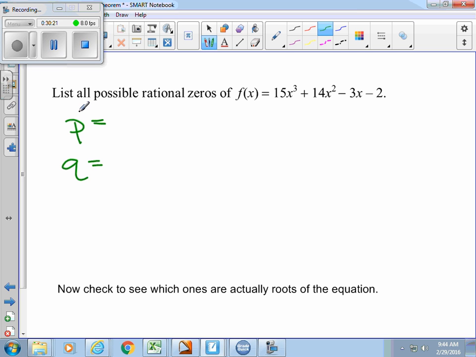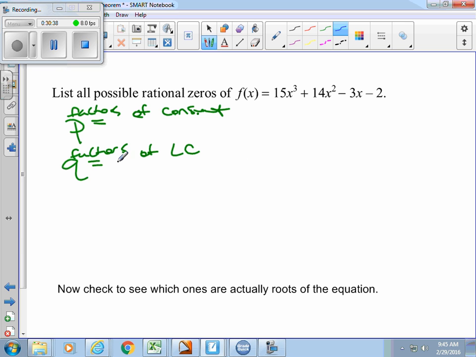So in your notes, write that. Factors of constant and factors of the leading coefficient.